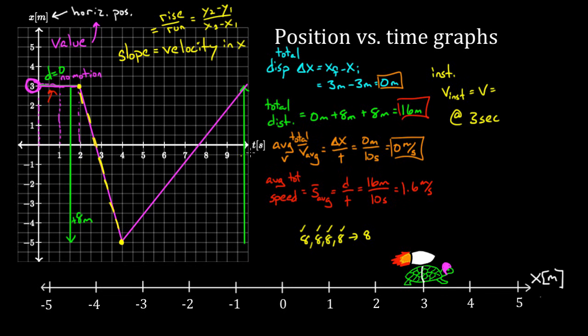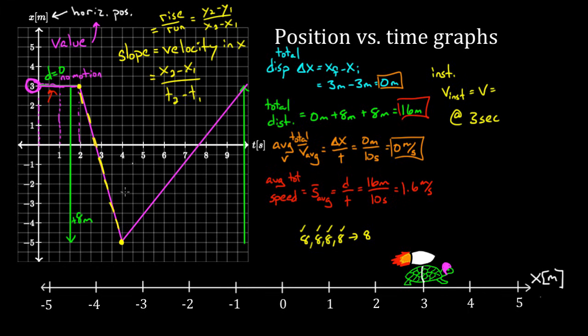But this is physics. Our horizontal axis isn't x, our horizontal axis is t. And our vertical axis is what we're calling x. So for physics class, the slope of this graph, particularly, the rise, in this case, is this axis, so it's going to be x2 minus x1. Over the run, well, that's going to be t2 minus t1.